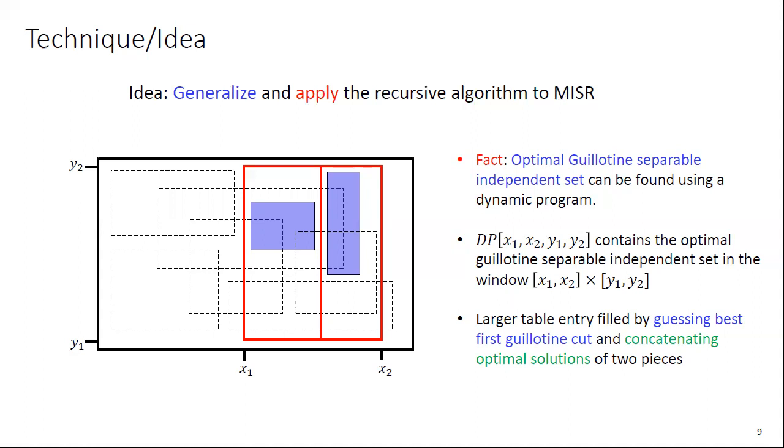When we want to compute the values of our cells, we start with small rectangular areas, split our current cell into two, try every possible cut, and take the sum of the values. So we can compute by dynamic programming the optimal guillotine separable independent sets.